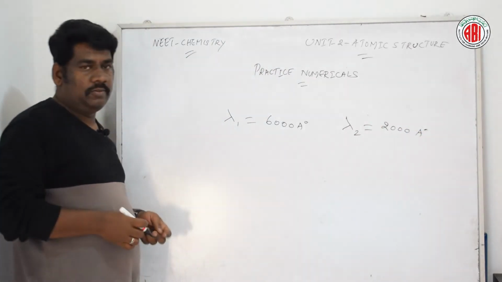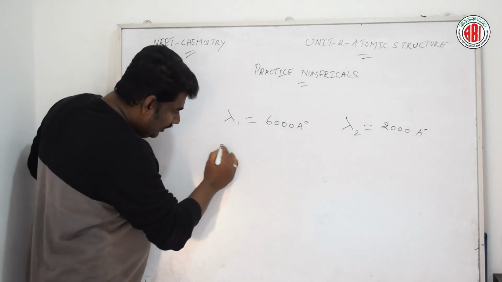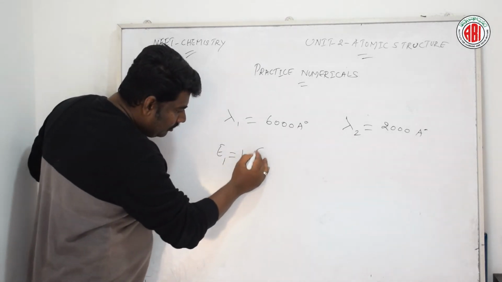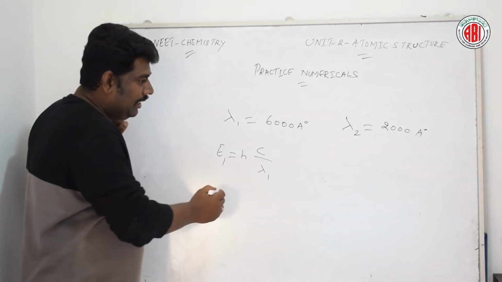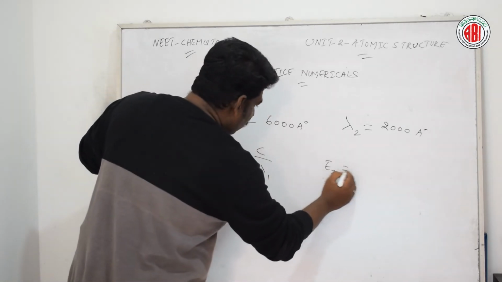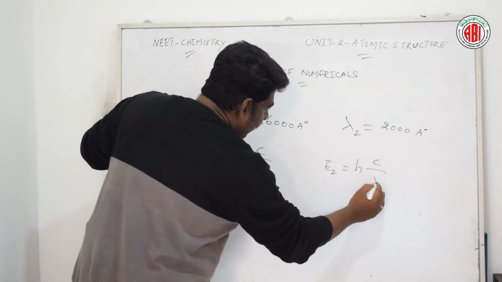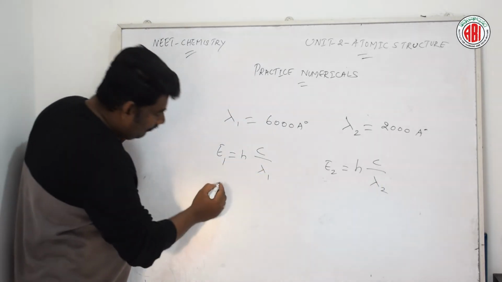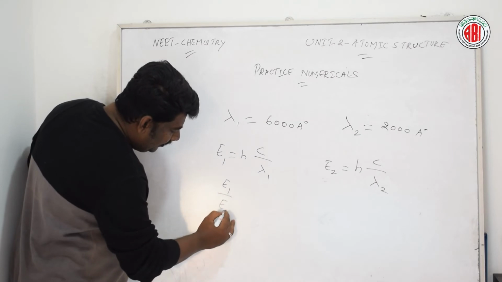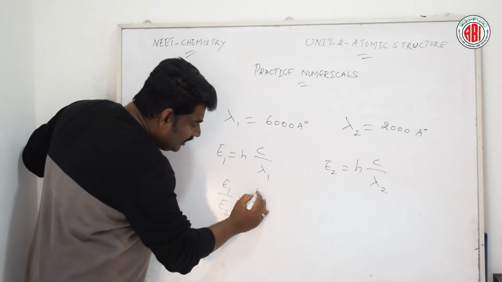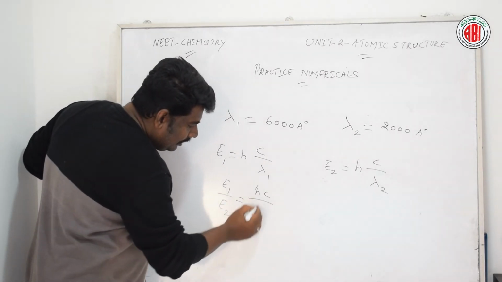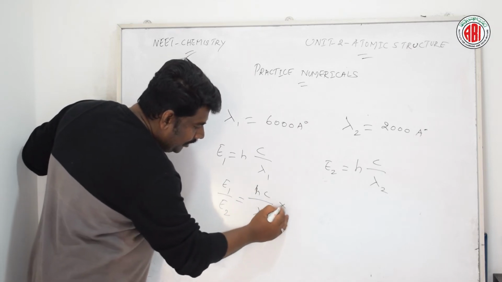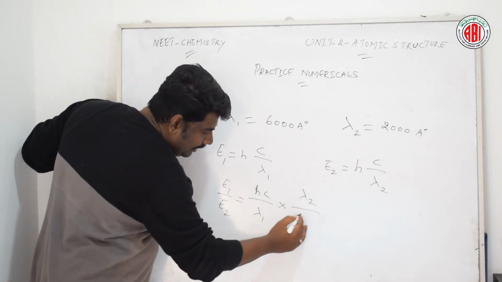Now using the formula, E1 is equal to h into c by lambda 1, similarly E2 is equal to h into c by lambda 2. This is for lambda 1, that is for lambda 2. Now the E1 by E2 value is equal to hc by lambda 1 into lambda 2 by hc.